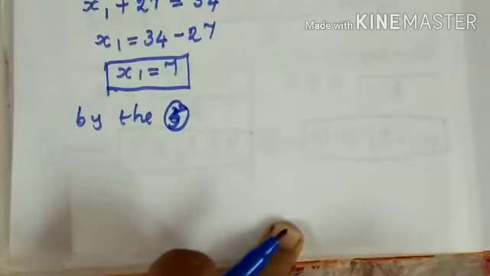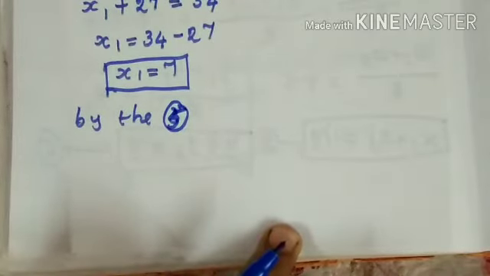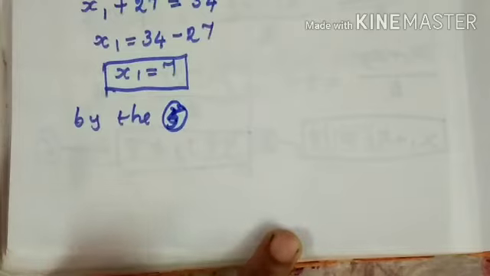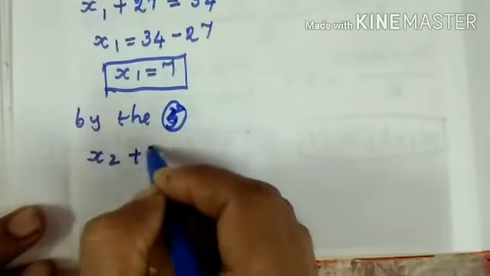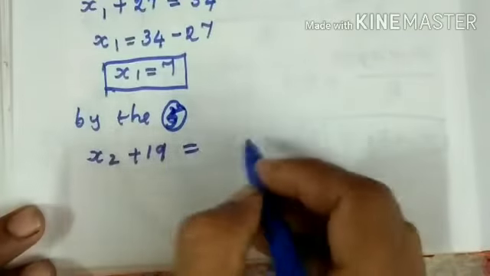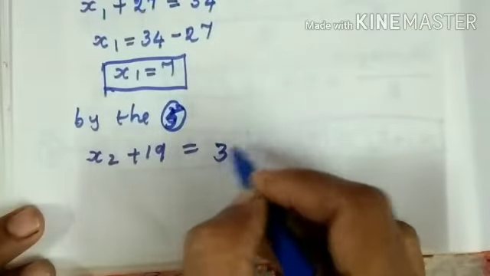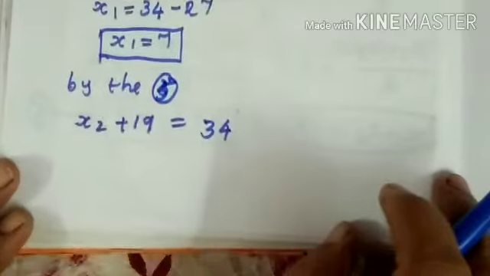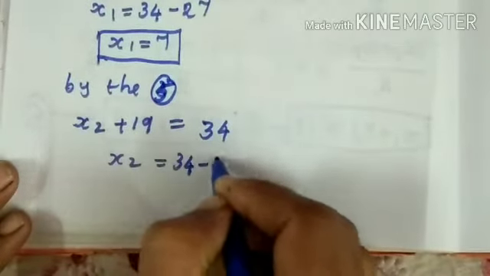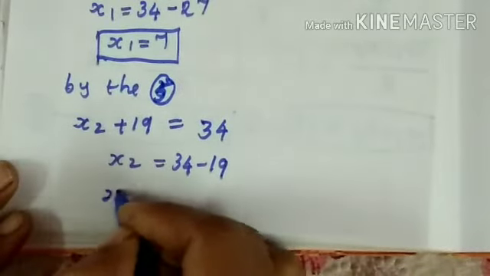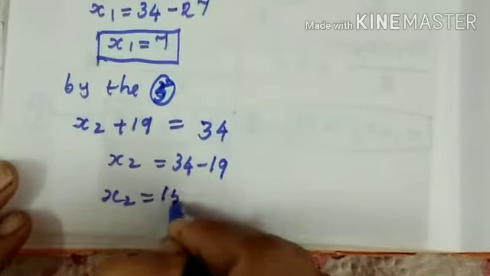Next, by the fifth equation, we have x1 plus x3 is equal to 19. Therefore, x2 plus 19 is equal to 34. Therefore, x2 is equal to 34 minus 19. We get x2 is equal to 15.